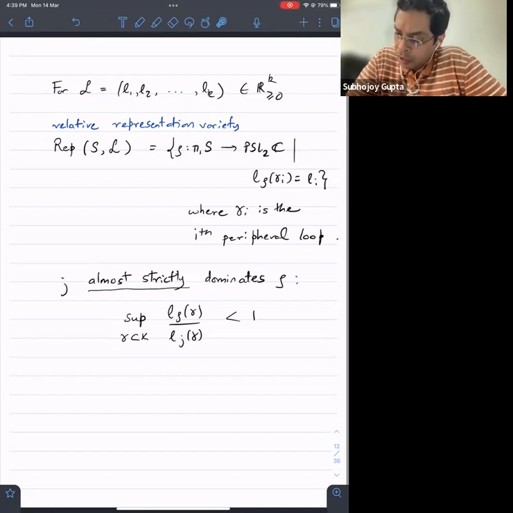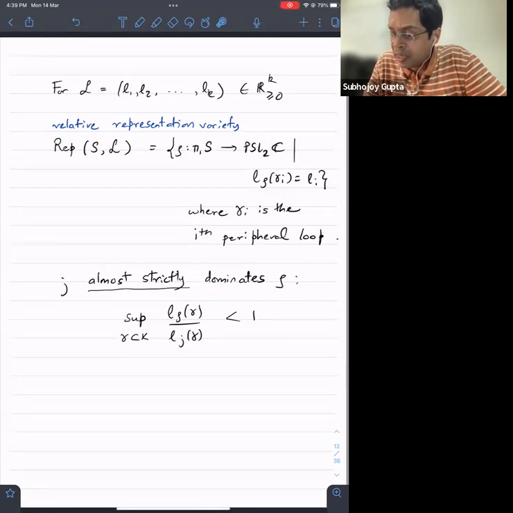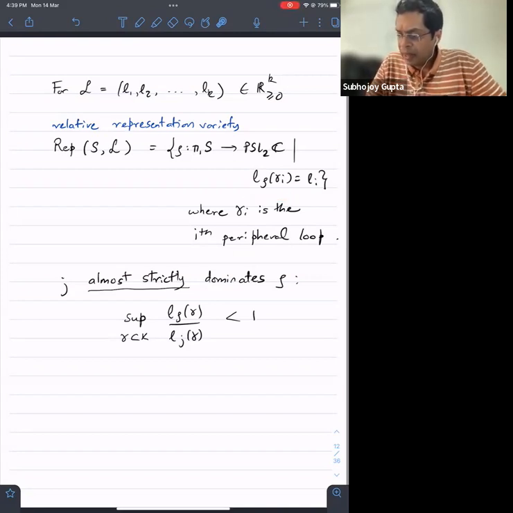You can talk of this relative representation variety. Now, fixing the length, in our case PSL2C, amounts to fixing the conjugacy class.